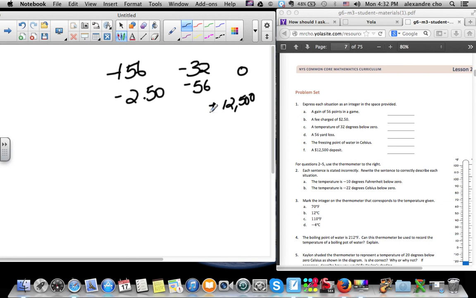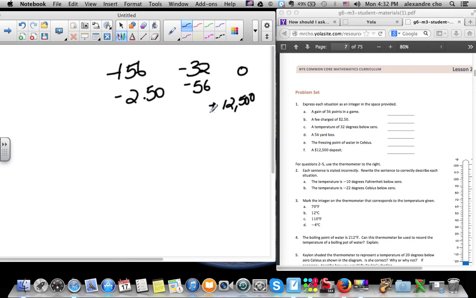Temperature is negative 22 degrees Celsius below 0. I'm not understanding. Let's skip number 2 and go to number 3 right now. I'm not really understanding why 2 is incorrect.